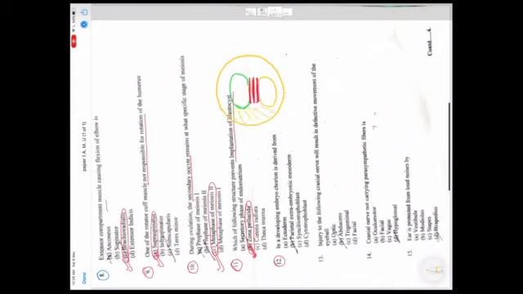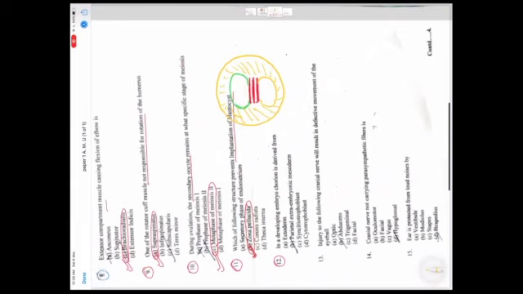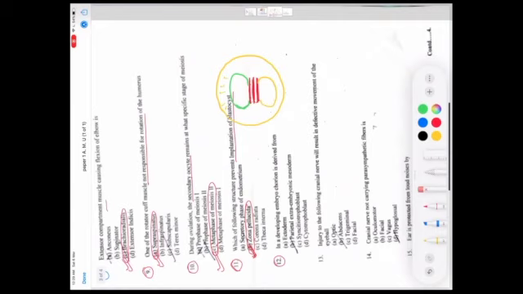All this surrounding is the extraembryonic mesoderm. This extraembryonic mesoderm later gets split. So what you're seeing here is that it gets split like this.